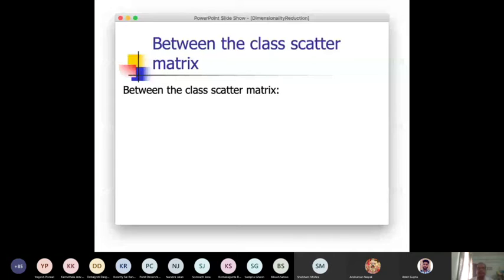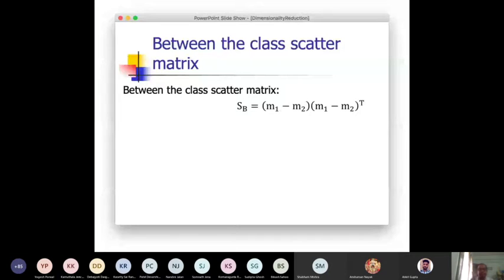So now let us consider another interesting thing. This is the denominator part of that objective function. S1 square plus S2 square, that is the sum of scatter, equal to U transpose SW U. That is what we found. Now the numerator is the square of the distances between means of the projected points, d square.